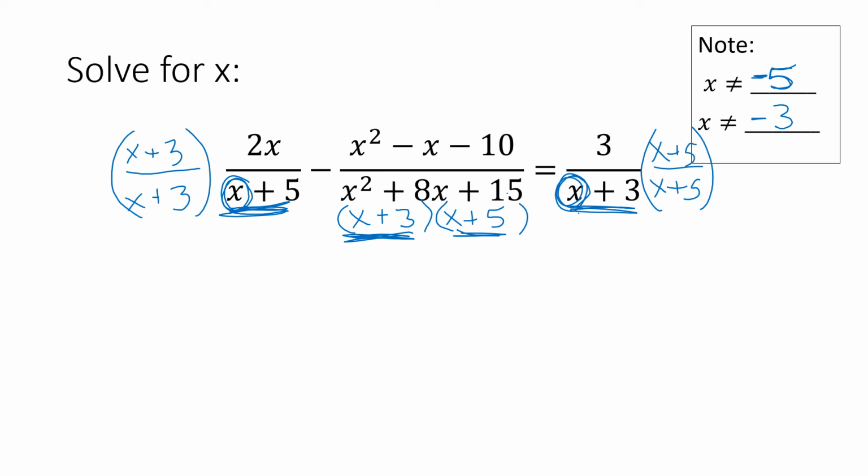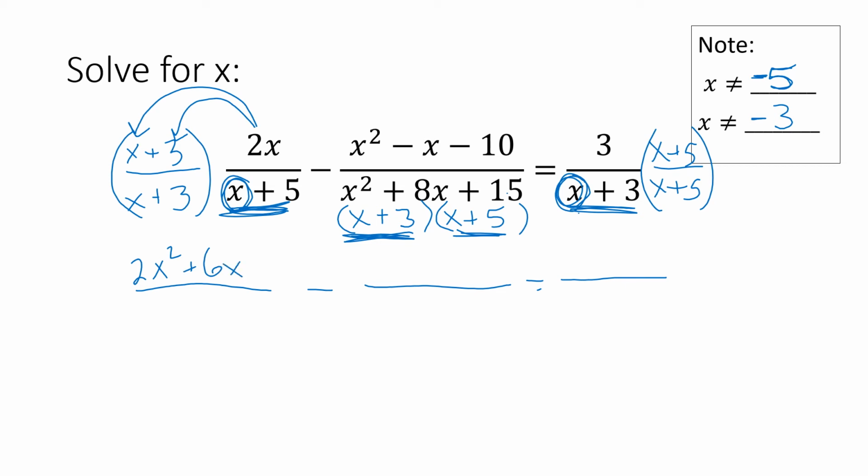All right, so let's bring this down. Let's see what we got. So on the left, I've got 2x times x is 2x squared, and 2x times 3 is 6x, over x plus 3 times x plus 5.